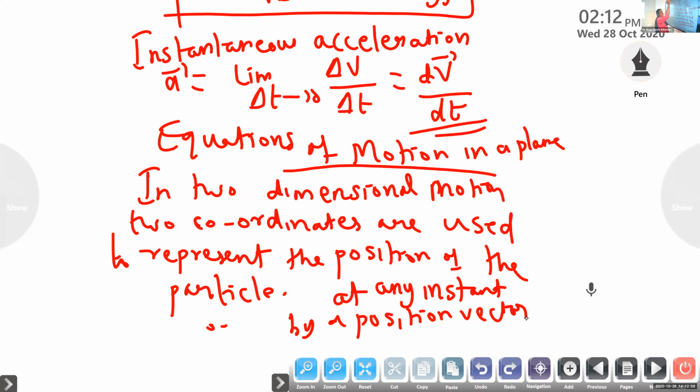I hope you understood the meaning of function. Like you have a function f(x), similarly the position vector is a function of time.